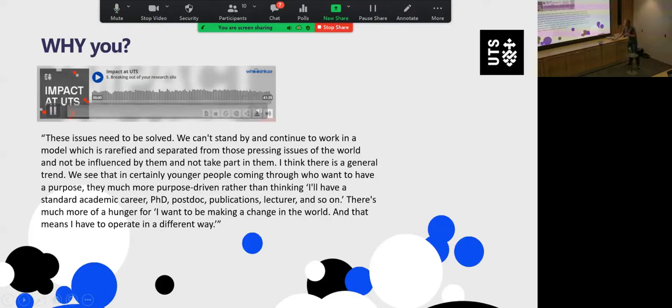So use another quick soundbite. These issues need to be solved. We can't stand by and continue to work in a model which is rarefied and separated from those pressing issues of the world and not be influenced by them and not take part in them. I think there is a general trend. We see that in certainly younger people coming through who want to have a purpose.